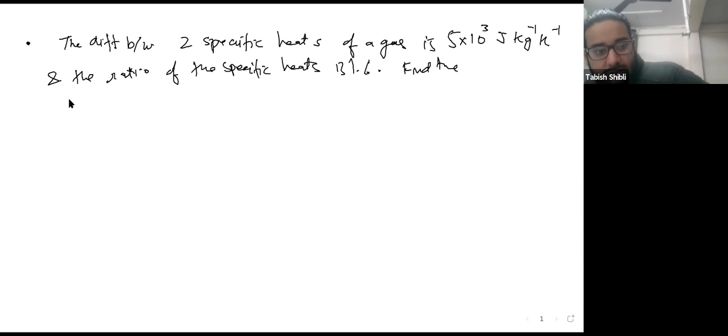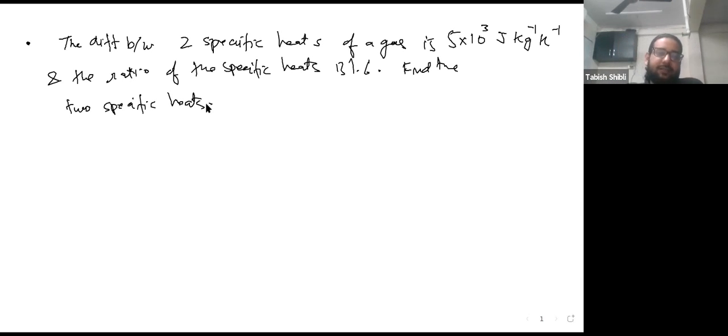Find the two specific heats. So you have two specific heats, you know the difference, you know the ratio, find what the two are.